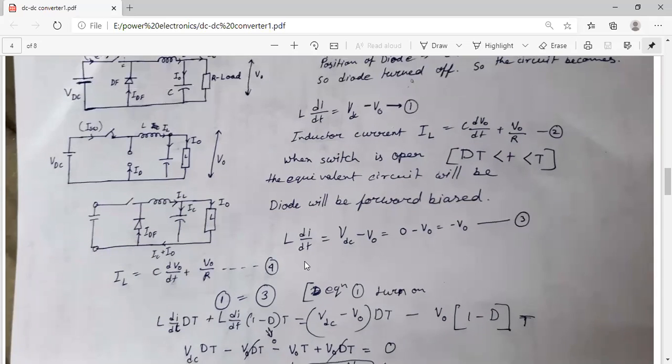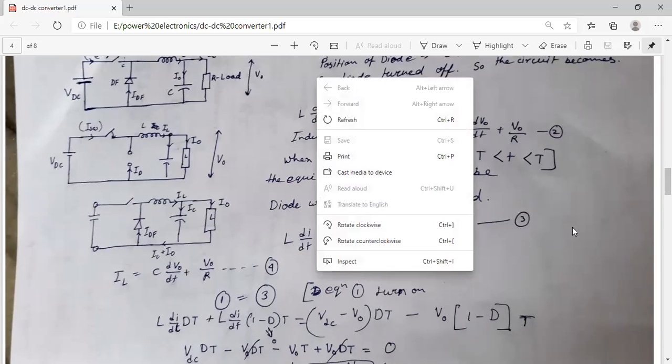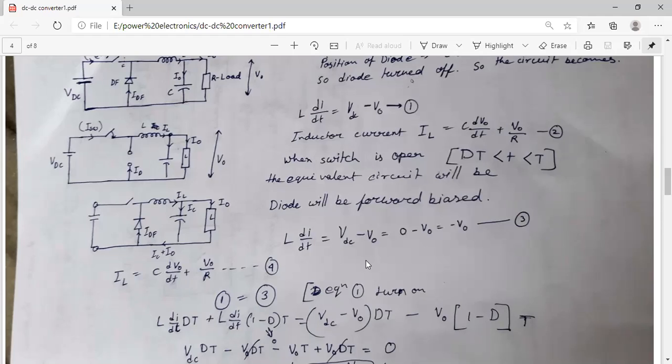So equation 1 is turn on. So let us equate equation 1 equal to equation 3.